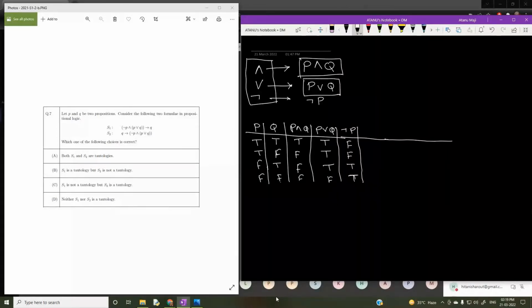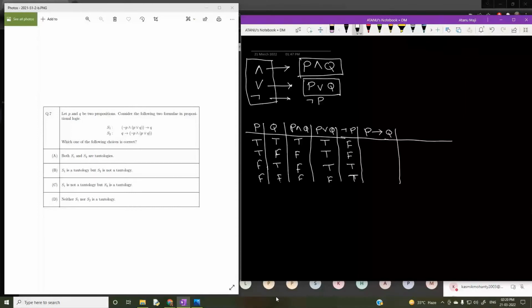Now, another connective you can see in logical expressions, actually the most important symbol, is called the conditional connective. If I take two propositions P and Q, and I want to find the truth table for P conditional Q, this thing would be false when the first one is true but the second is false, because P implies Q. That means if P happens, definitely Q will happen.